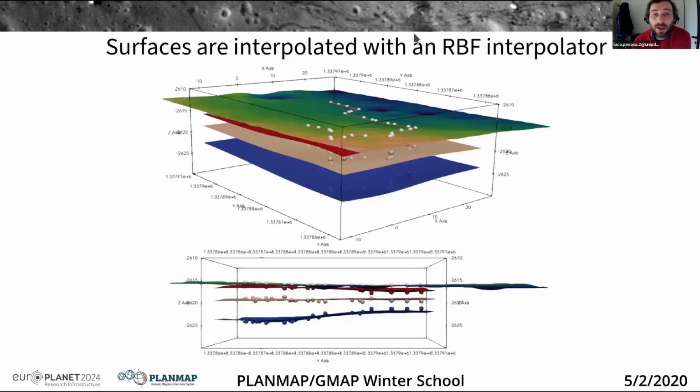You can use simple models like saying, okay, I will represent my horizons in the subsurface as just planes, or you can use more complex models like saying, I will use a higher-end interpolator, like in this case, an RBF interpolator. But of course, the principles are the same.